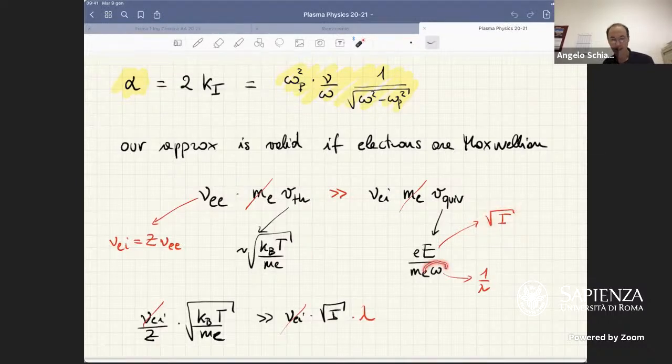And instead of working with angular frequency, usually with lasers we work not with the frequency but with the corresponding wavelength in vacuum. So we rescale everything.